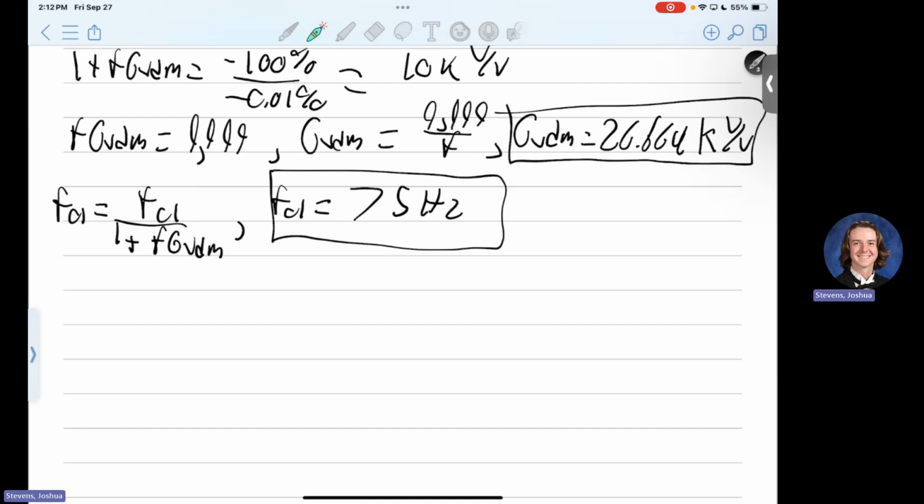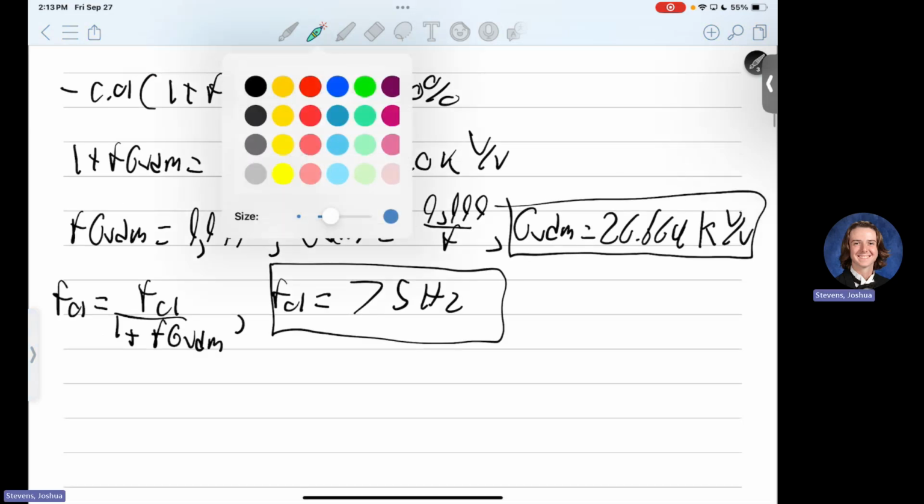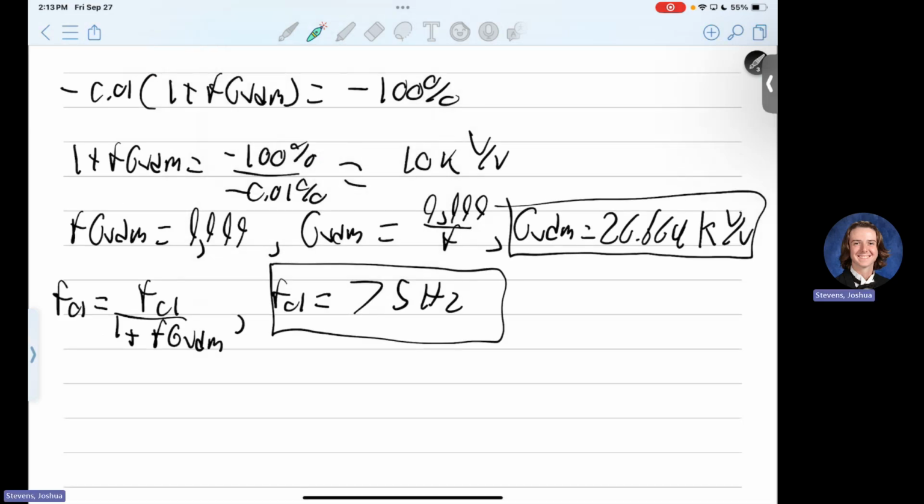F is feedback. Anybody else? These are the only two. Okay. Say that one more time. So technically, VI is what we solved for.